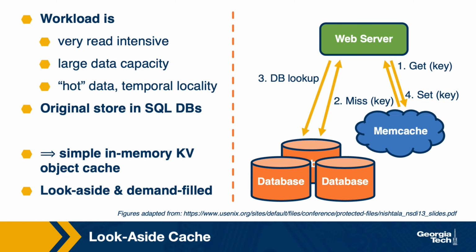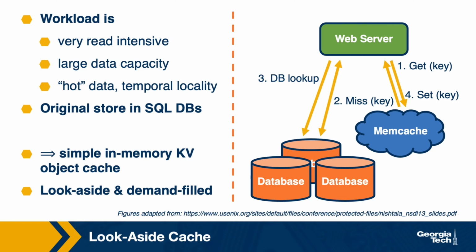If we have a cache miss, in traditional caches, the request is automatically going to be routed to the lower levels of the hierarchy. But here, the miss will be returned to the client, and then the client explicitly will perform a database lookup. Note here, this database lookup is different than this GET operation. It may be a much more complex interface to the database to perform the database lookup query than the simple GET key interface that we have to the Memcache.